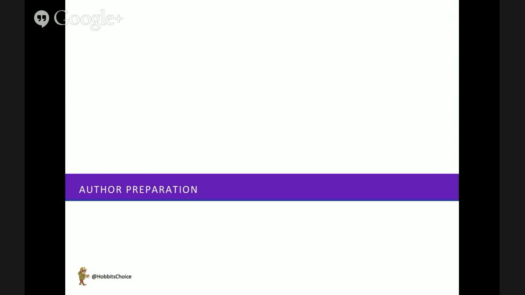The third stage, preparing the authors for producing the content. Unless you're lucky enough to have some professional blog writers on the staff, most organizations have to develop a capability. And that's about giving people space and encouragement to blog.